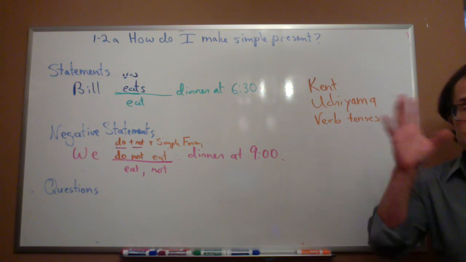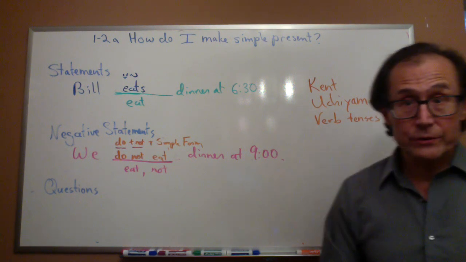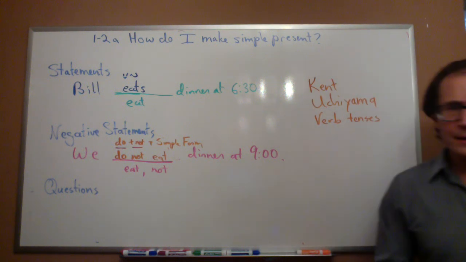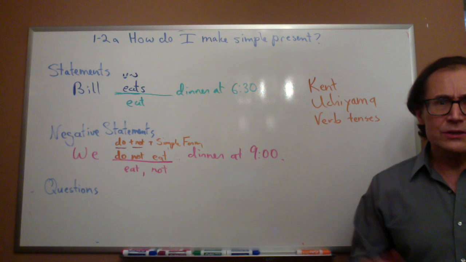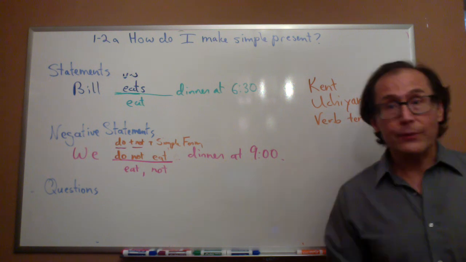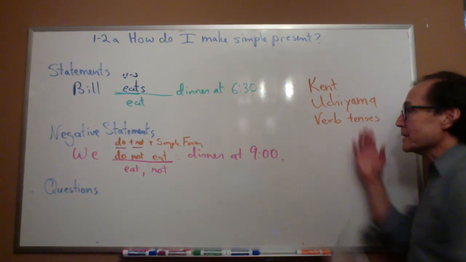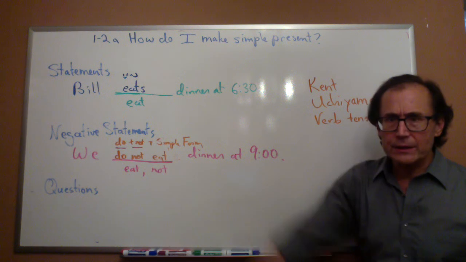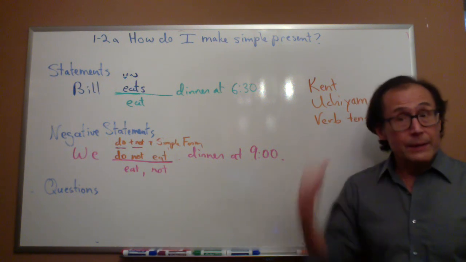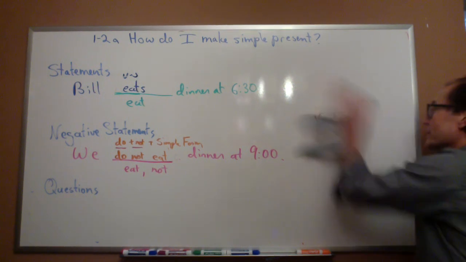You can read it online, or you can click on it and download it to your computer. It's really long, I think it's over 150 pages now. So if you try to print it, it would use a lot of your ink and paper, but you can also just keep it on your computer. This will explain everything that I'm going to tell you about verb tenses, but in a lot more detail. Kent Uchiyama verb tenses.